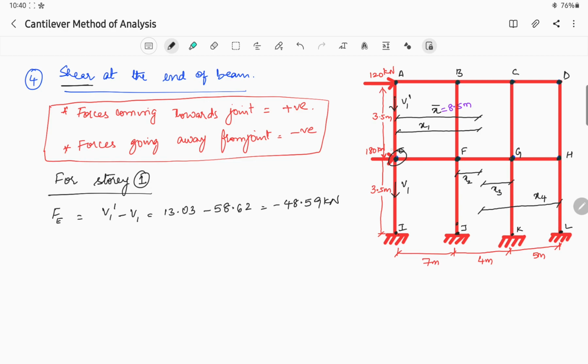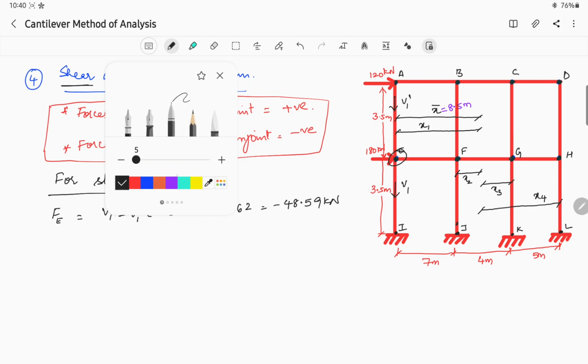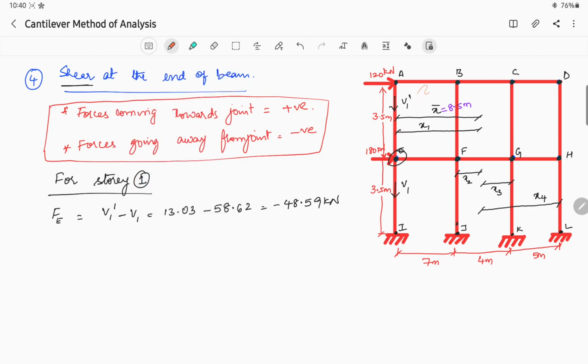So we have taken joint E and we have considered these forces, this one and this one.